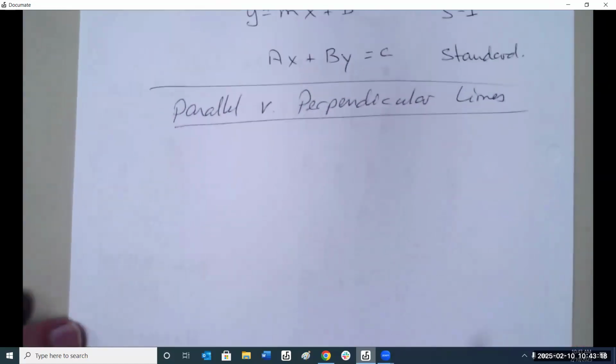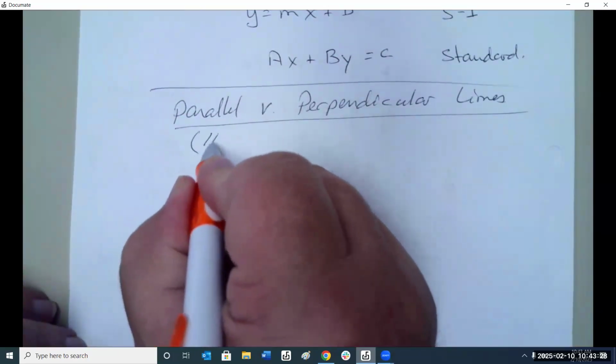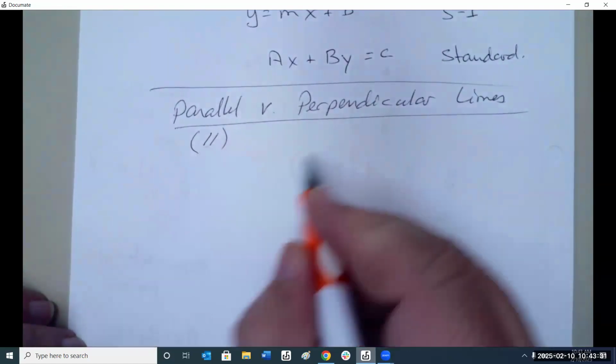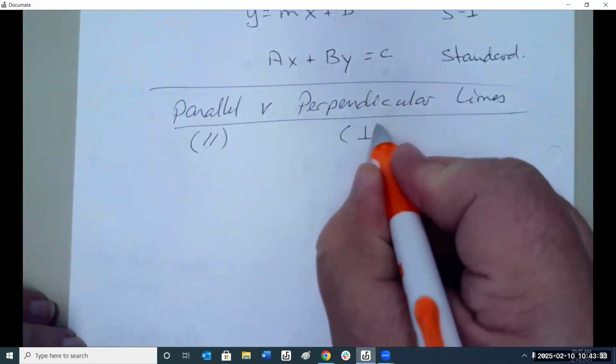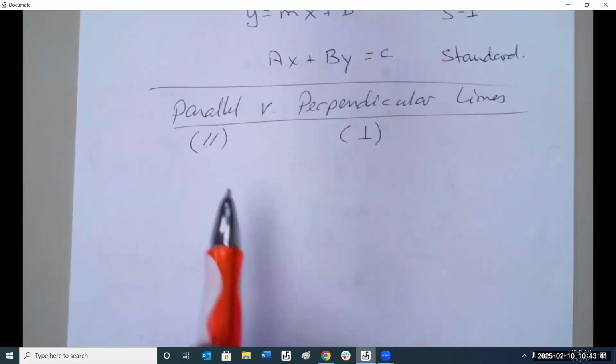Parallel versus perpendicular lines. The symbols we use for these: for parallel lines, we'll just use those two lines, and for perpendicular, it's an upside down T. How do you know if two lines are parallel or perpendicular?